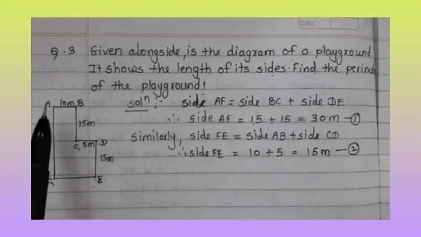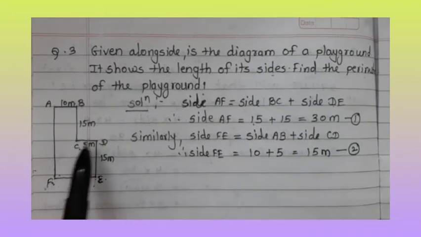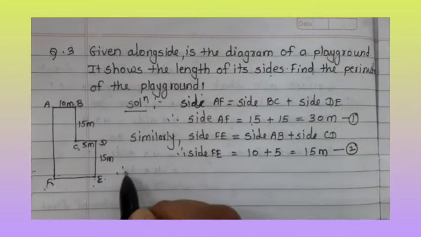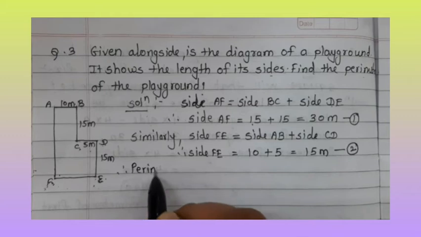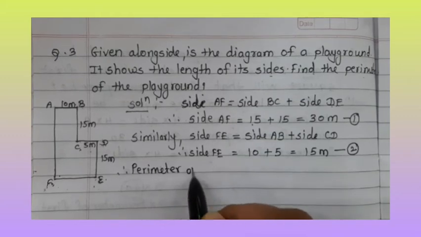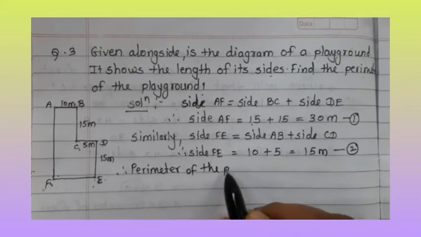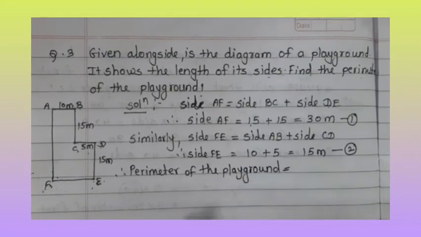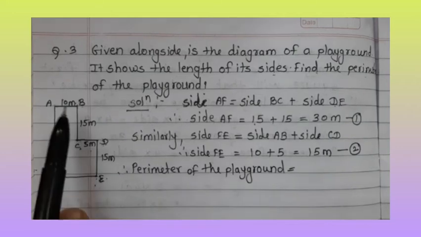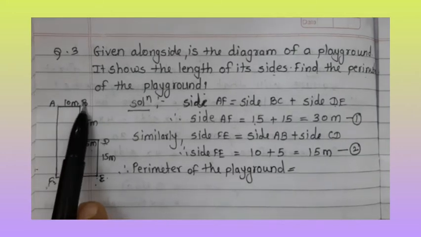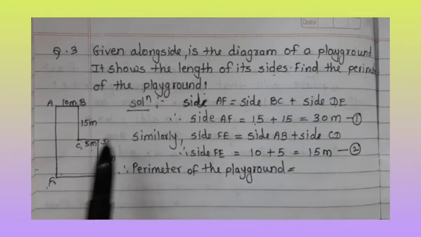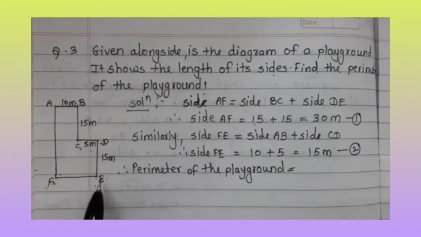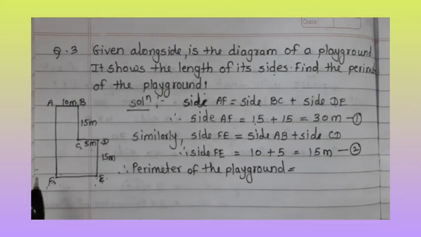Understood? So we have to find out the perimeter of the playground. So how to find out the perimeter of the playground? Therefore, perimeter of the playground is equal to, see here, side AB plus side BC plus side CD plus side DE plus side FE plus side AF.